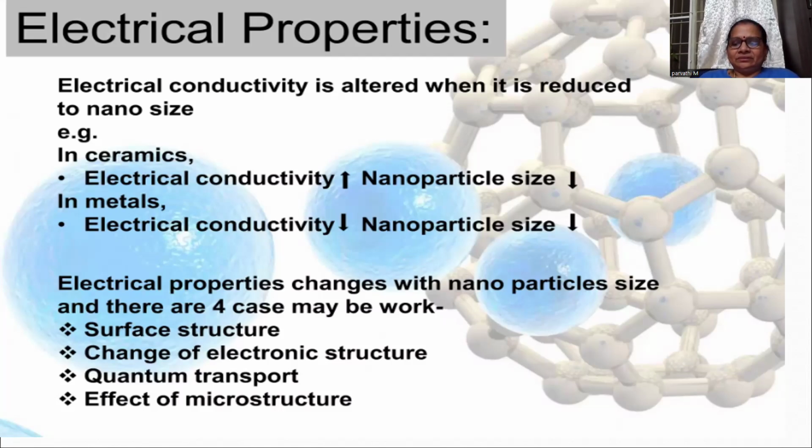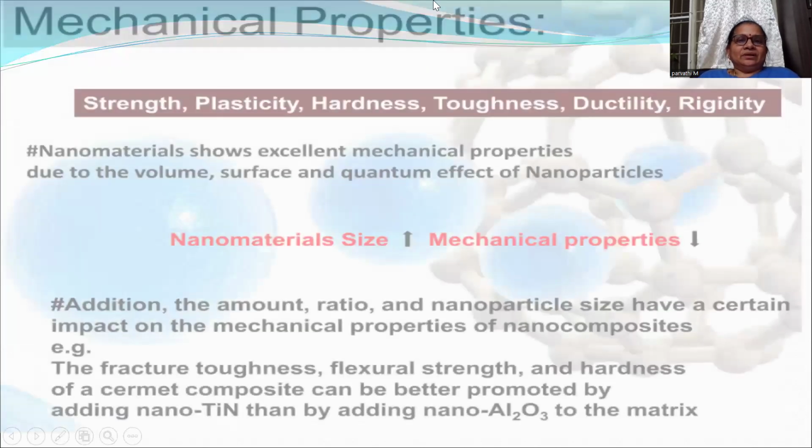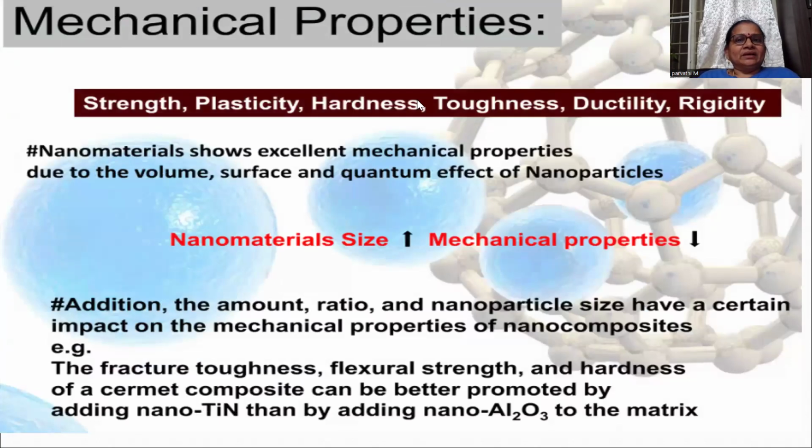Now coming to the other slide, that is mechanical properties, in which we have to concentrate on strength, plasticity, hardness, toughness, ductility, and rigidity. Electrical properties are related to conductivity, whereas mechanical properties are strength, plasticity, hardness, and toughness.